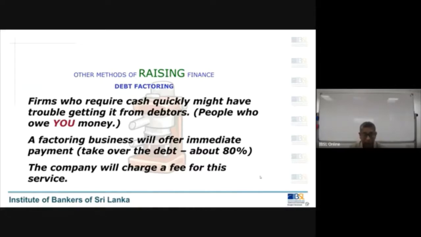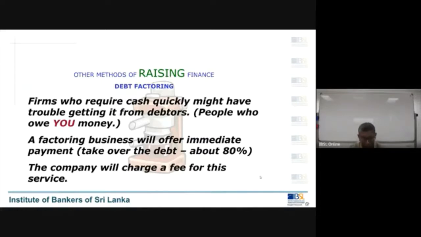Now, for example, in Sri Lanka, I think now we have only the Sampath factoring company and the LOLC factoring company. If you grant loans, you offer a credit facility, and the money is going to come after 3 months. Now I want quick money, so I sell my debt to a debt factoring company.